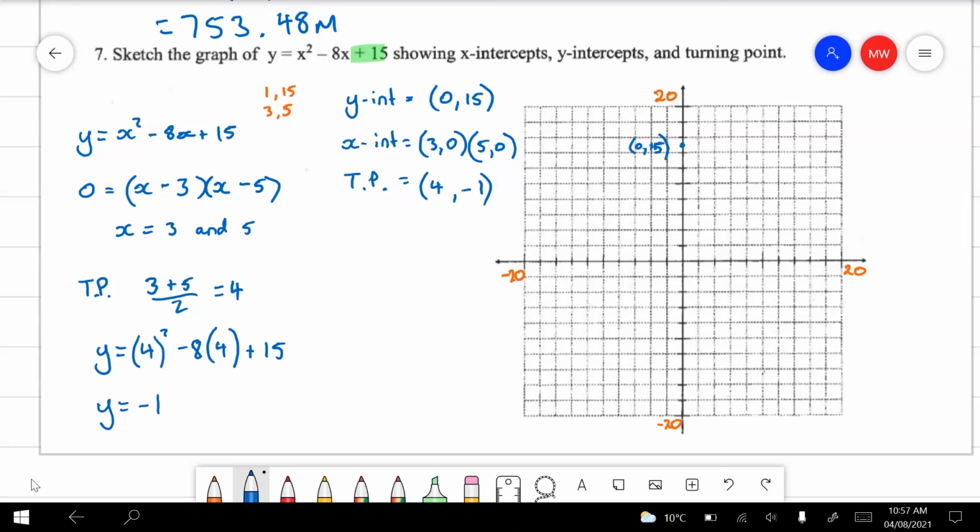Means that my x-intercept is going to happen here, where x is 3, y is 0, and it's also going to happen here, where x is 5, y is 0. And then I've got a turning point at 4, minus 1, which is going to happen here. So my turning point will be where x is 4, y is minus 1, and then I'll sketch my curve. And this question is completed.